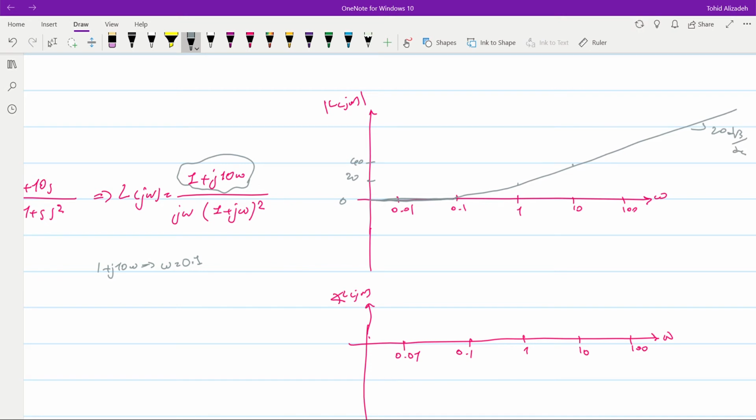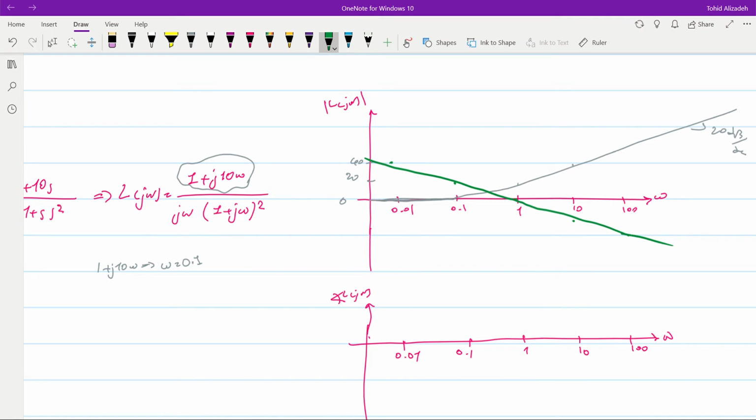Then we have the pole at the origin. For that, the amplitude will be equal to 1 or 0 dB at omega equal to 1, and the slope will be equal to minus 20 decibel per decade. So we will have a straight line passing through omega equal to 1 at 0 dB.